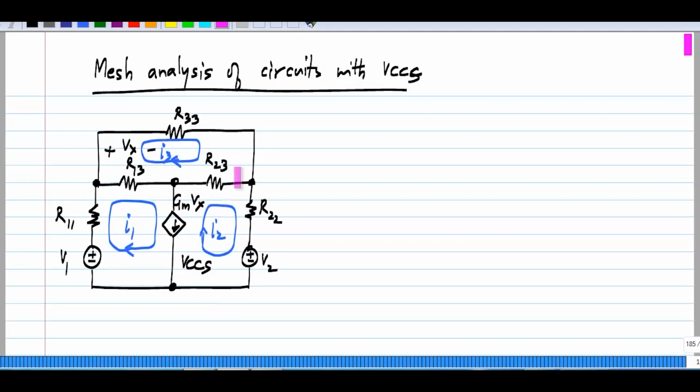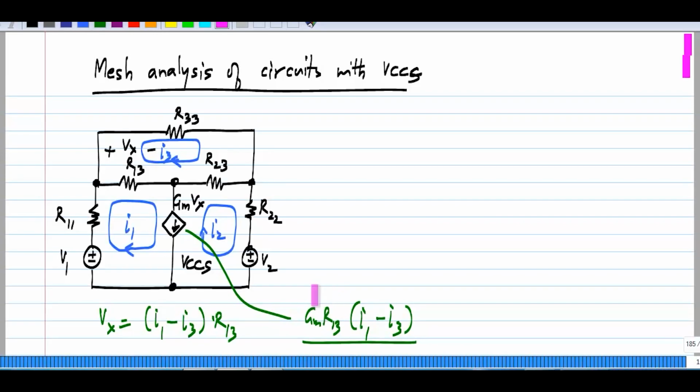And its current is defined as Gm times Vx. And Vx is across this resistor R13. So Vx can be written as the current through R13, which is I1 minus I3, times R13. So this control source can be rewritten as Gm R13 times (I1 minus I3).